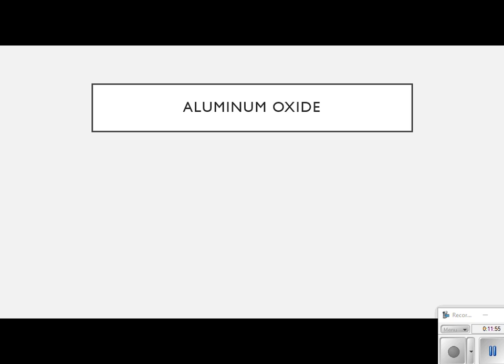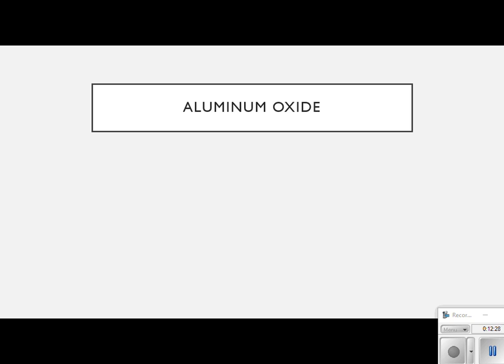Now, let's start relating these into writing the particular compounds. Find aluminum on your periodic table. What does aluminum want to do charge-wise? Zoe, what do you think? It wants to lose 3 electrons.